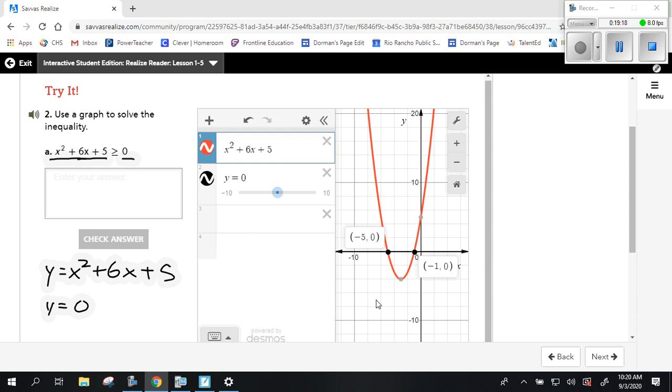Remember, what this inequality is telling us is that we're wondering what values of x make this true. What values of x make this greater than or equal to 0? We will find that those values of x are here.